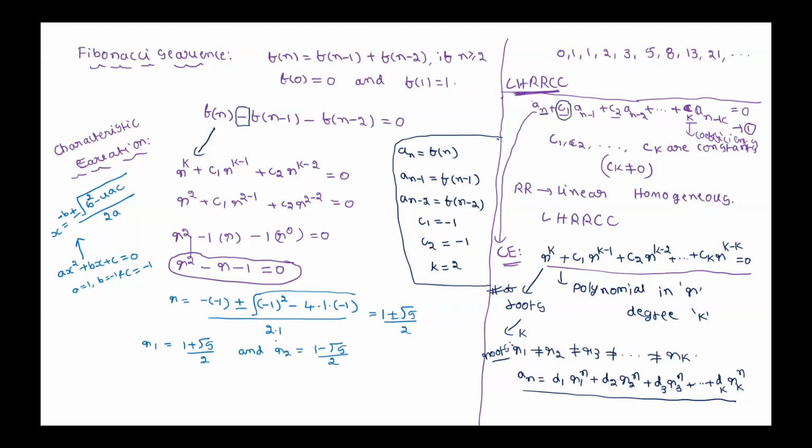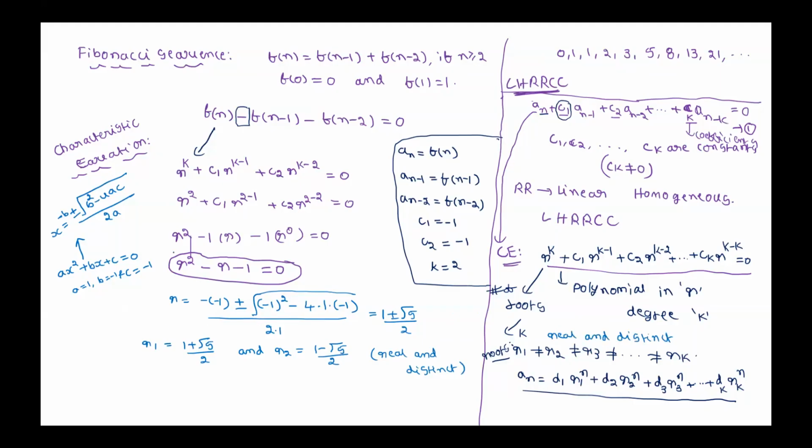Whether these 2 roots are real, are they real? Yes, sir. They are real and distinct. If they are real and distinct, what is the general form of solution to the recurrence relation?